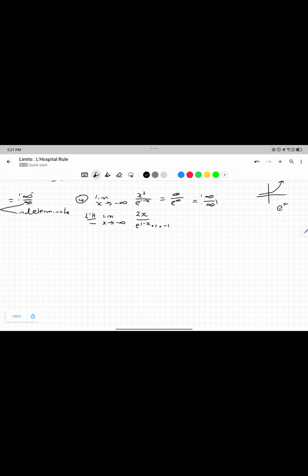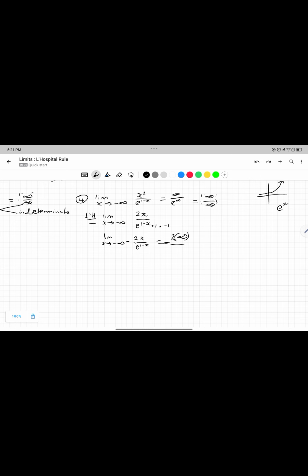Right? So what we get is 2x all over, negative 2x all over e to the 1 over x. Now, what I like and do not like at the same time about differentiating e is that e does not change.